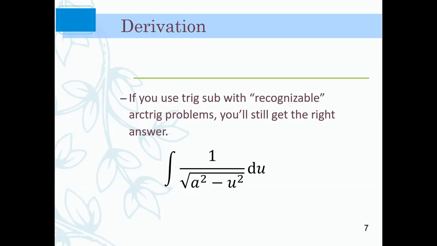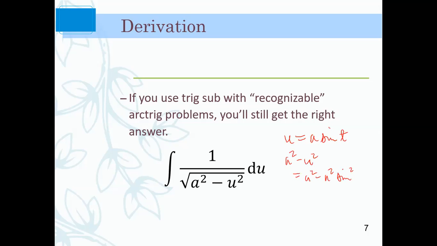What would be your substitution in this case, by the way? Just to kind of keep us on task here, what would you put u equal to? Well, u would be a sine of t, because then a squared minus u squared would be a squared minus a squared sine squared of t, yes?